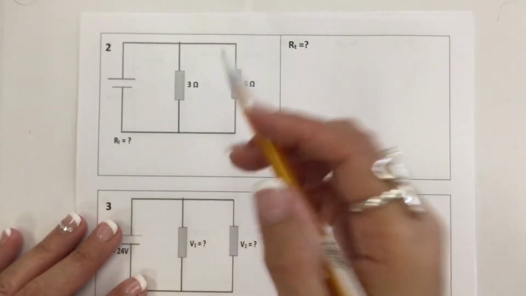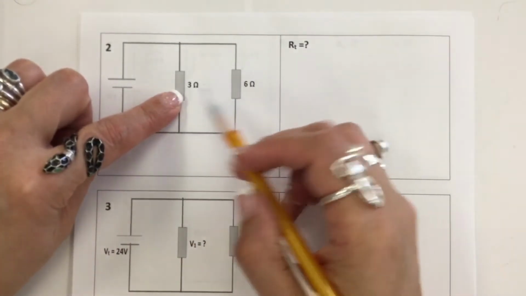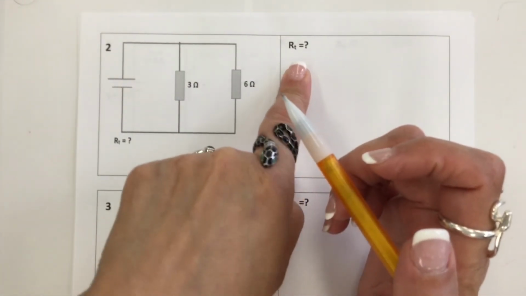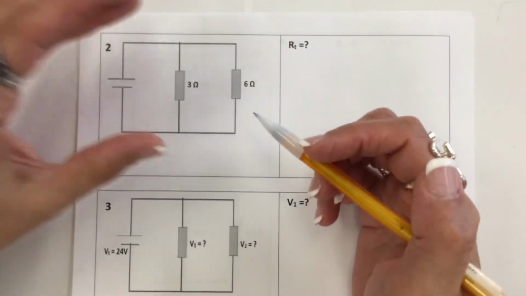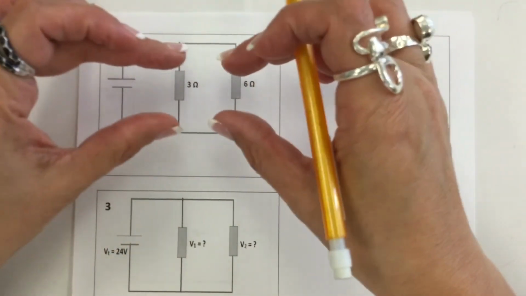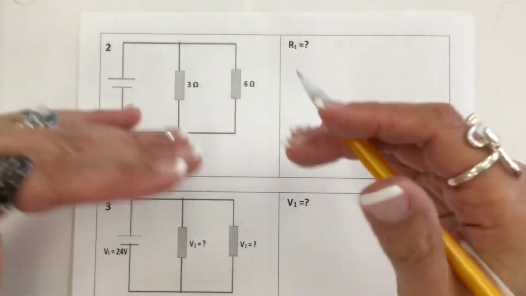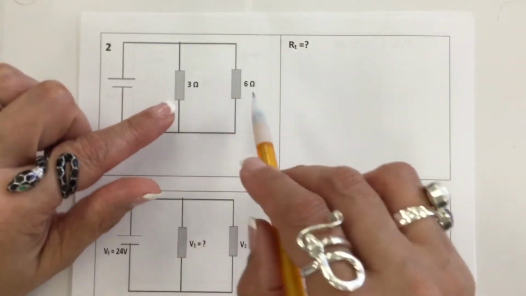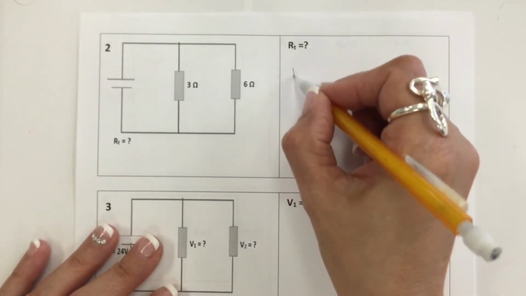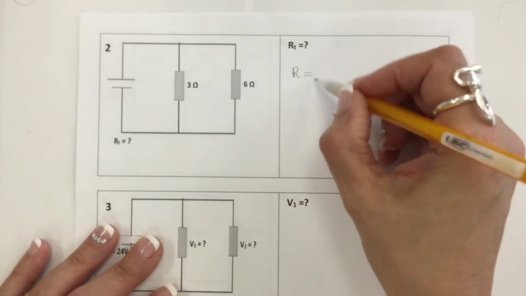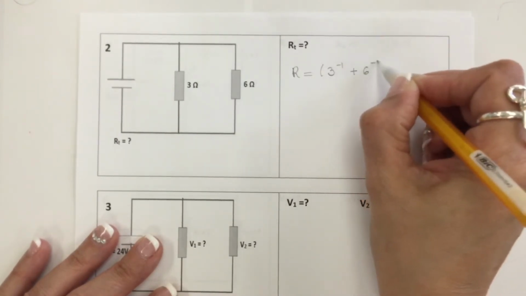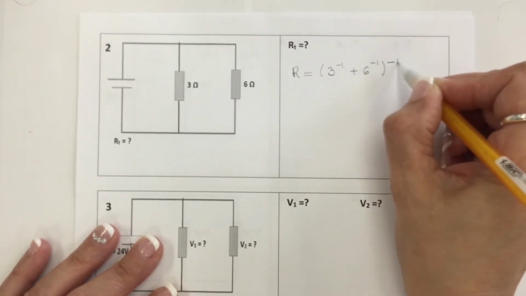Parallel circuit. So here we have 2 resistors in parallel, 3 and 6. To find the total resistance, or the resistance that will replace those 2 resistors, we have to add the inverse of those resistors, like this. The best way to do it is set up R equals 3 inverse plus 6 inverse, and the result is inverse.